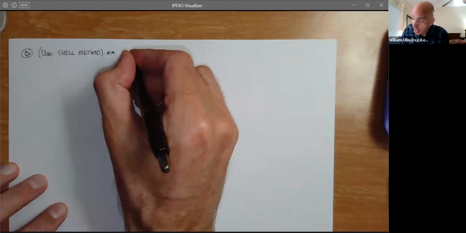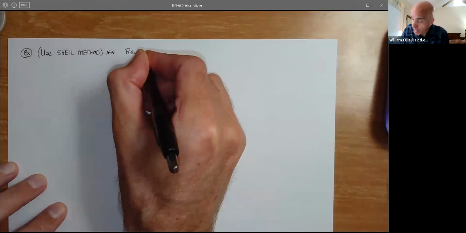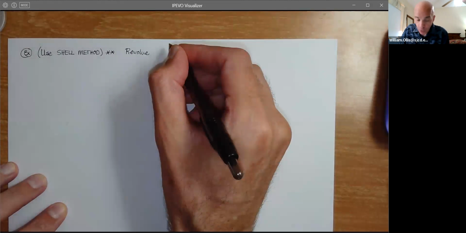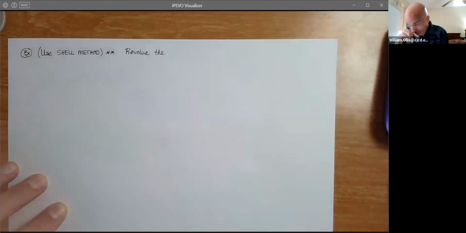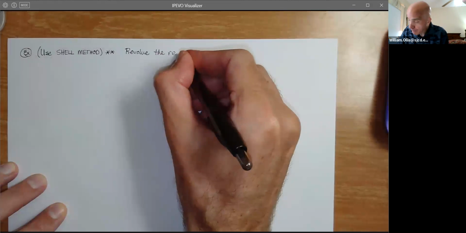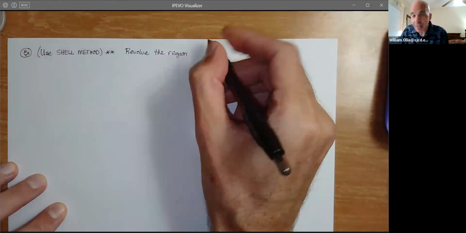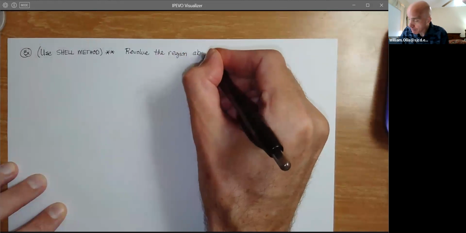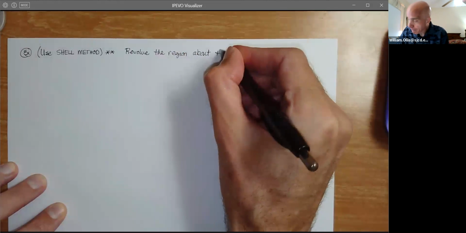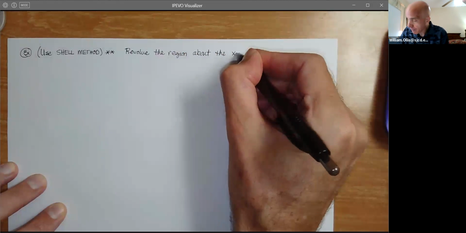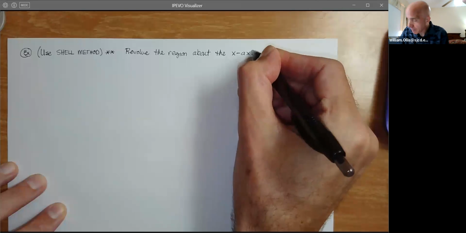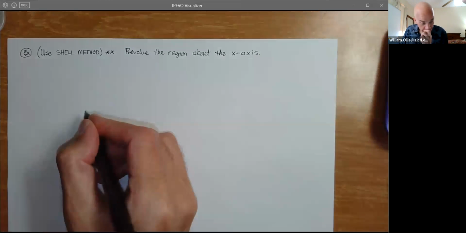So again, here's what we're directed to do. Revolve the region about the x-axis. And here's our region.